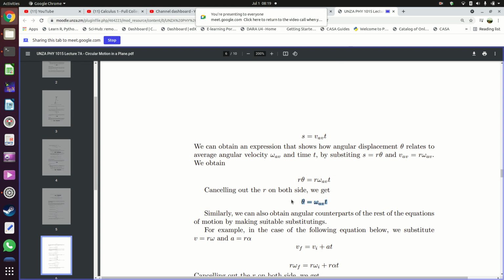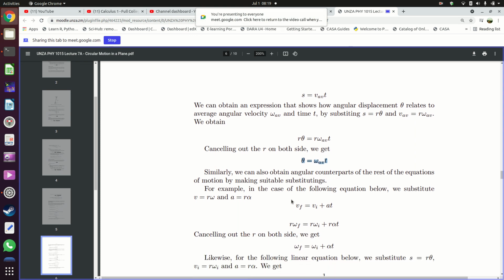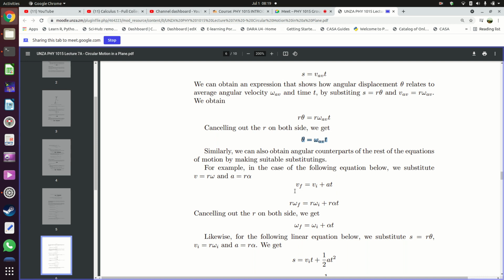Next, there are other equations of motion which we know. For example, we know Vf, which is the final velocity, is equal to the initial velocity Vi plus at, a being the acceleration. But there are a couple of things we know. V is equal to r omega, and the acceleration a is equal to r alpha.